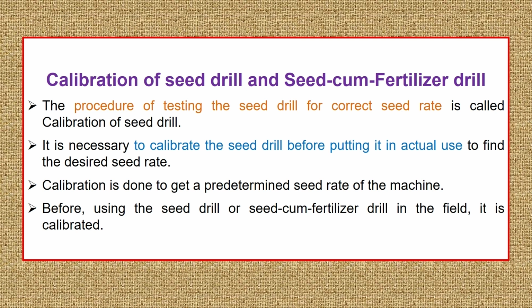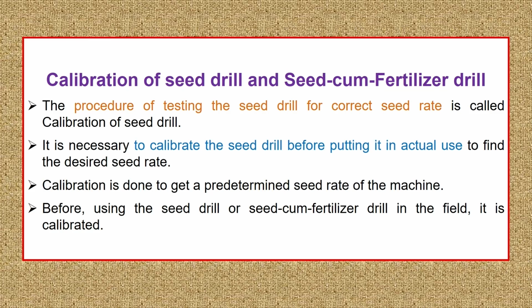So, calibration of seed drill or seed cum fertilizer drill is a procedure where we conduct testing to assess the seed drill's correct seed rate. The word seed rate represents the amount of seed sown per unit area. Generally seed rate is expressed in terms of kg per hectare.